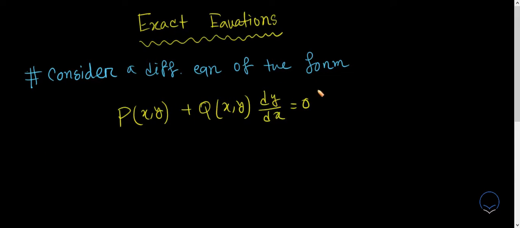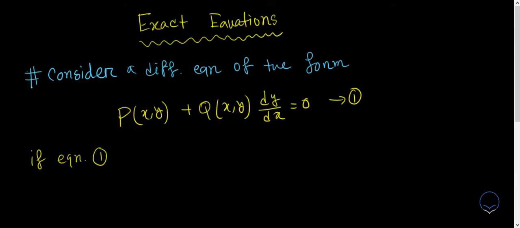If this equation over here, that is if equation 1, can be compared with a function where the left hand side of this equation will be the differential of that function, then it's called an exact equation.